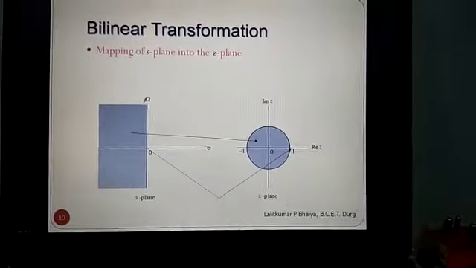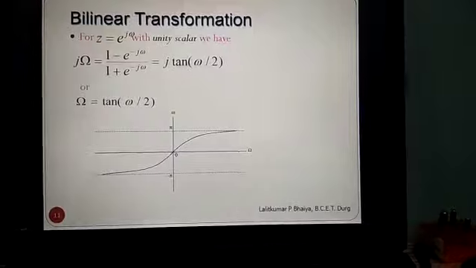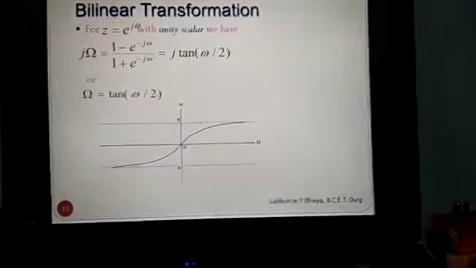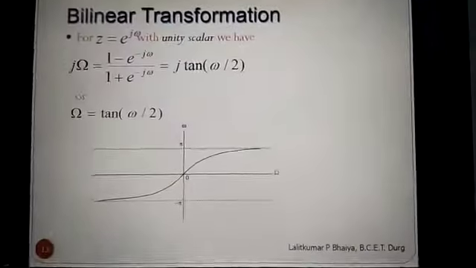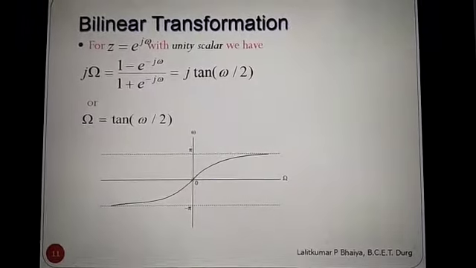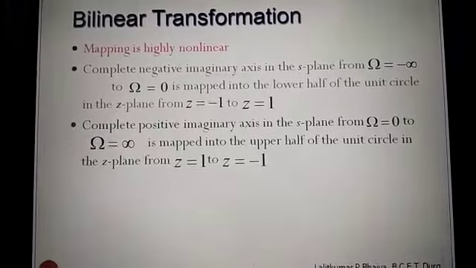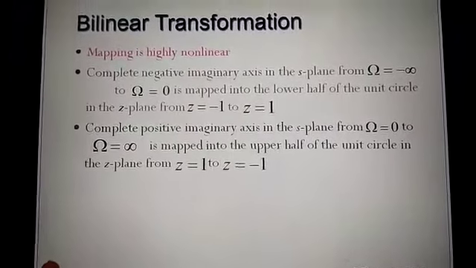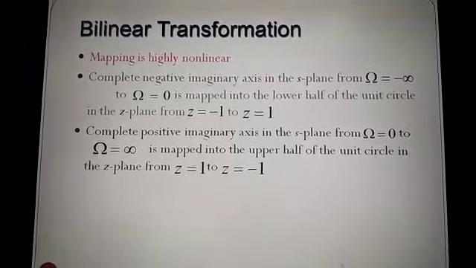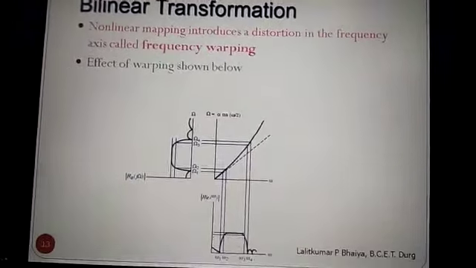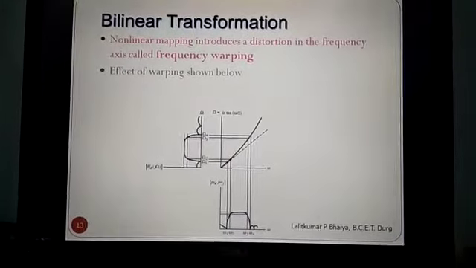I have already told you about the bilinear transformation mapping. This is the bilinear transformation with respect to the axis. This mapping is highly non-linear. This is due to the frequencies. This is the bilinear mapping graphical review.